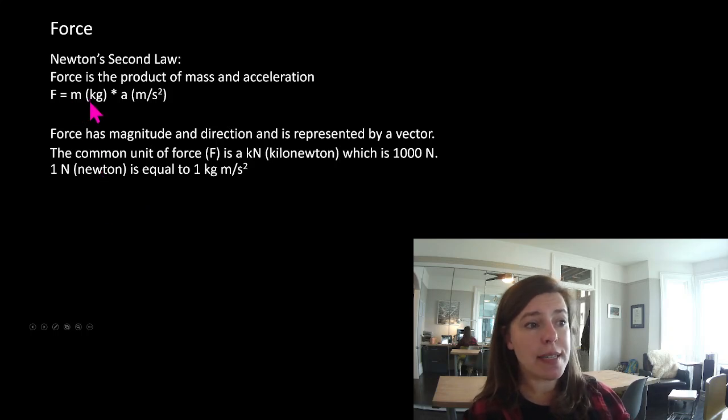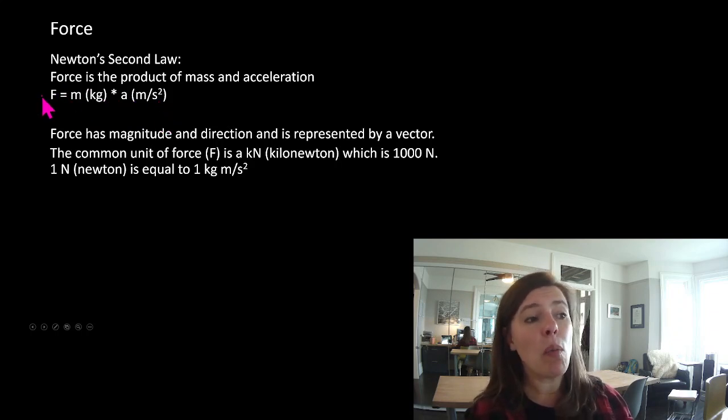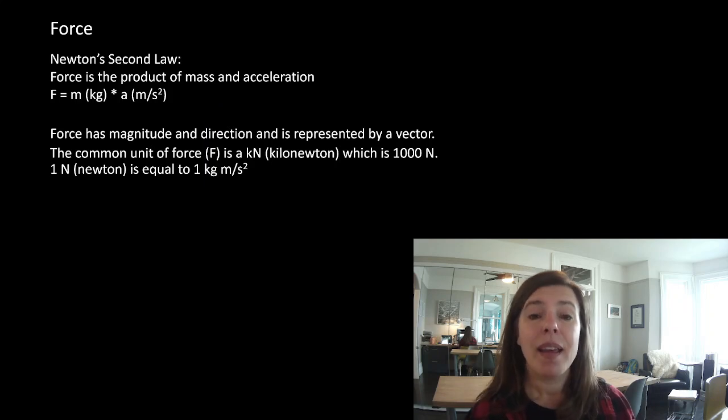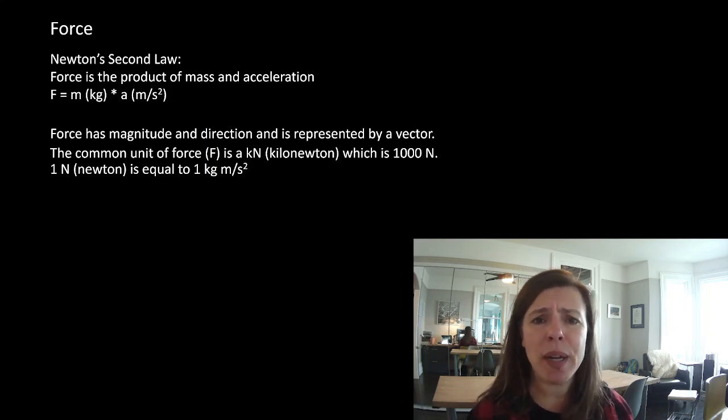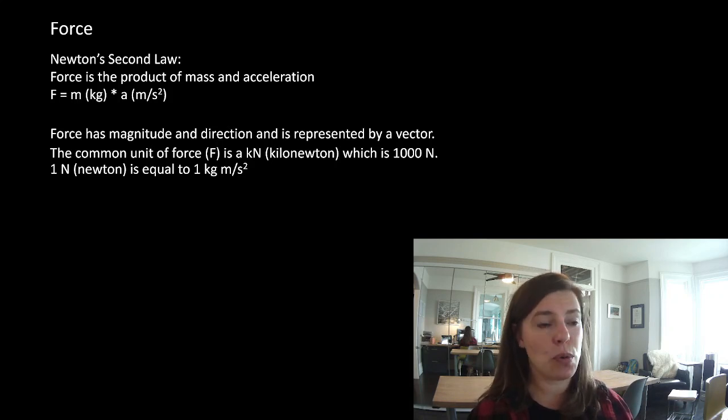Now, force is mass in kilograms times acceleration, which, if you guys remember, is meters per second squared. Well, calling whatever our force is kilograms meters per second squared is a bit of a pain of a unit. It's such a crazy unit that they actually decided to give it its own name. And that is, for those of you who like apples, a newton.